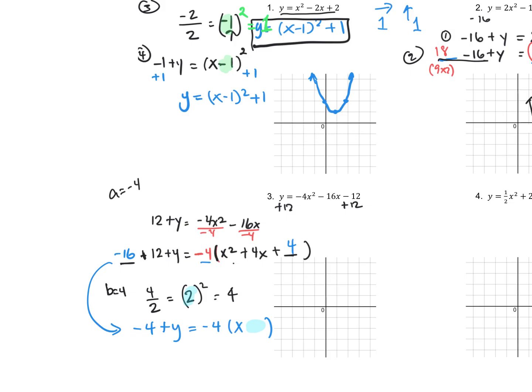It's a positive 2, so that means we're going to add 2 in quantity squared. Now add the 4 to both sides because I need it in y equals, just putting in vertex form. So if I add 4 to both sides, I'll write my equation up here. My equation is y equals negative 4 times x plus 2 quantity squared plus 4.